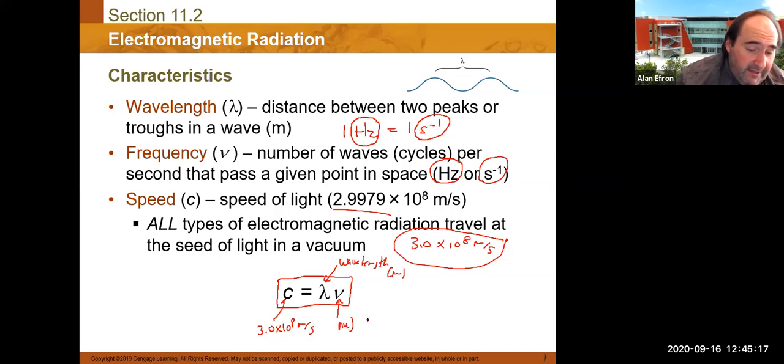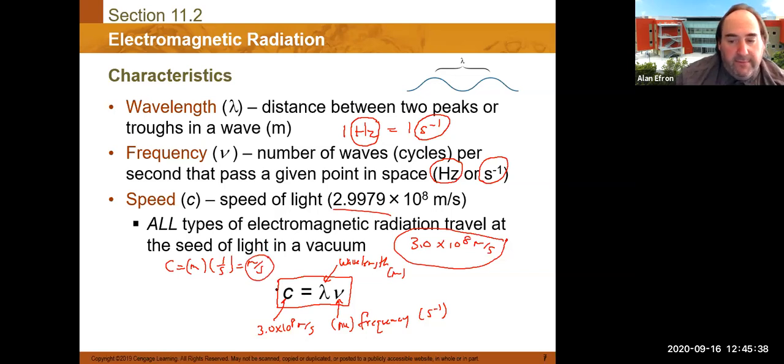That's what the name of it is, although most people call it V. But it is the frequency. And again, that's in reciprocal seconds. So if you just look at the units here, C is equal to meters times 1 over seconds, which gives you meters per second for C. And that's the unit.